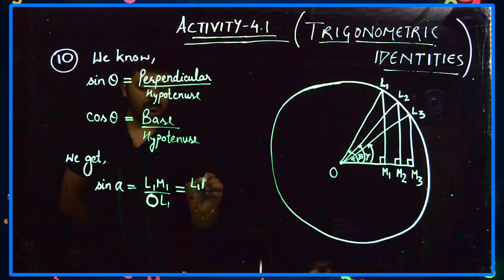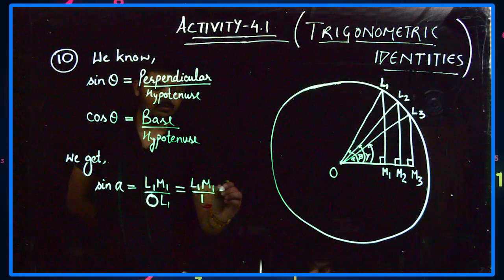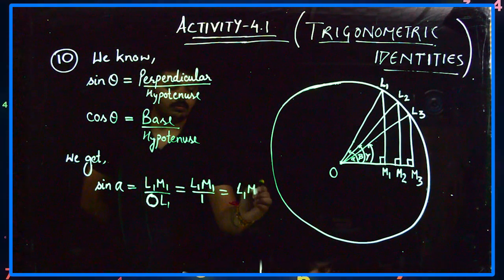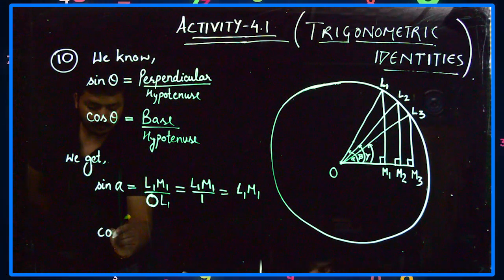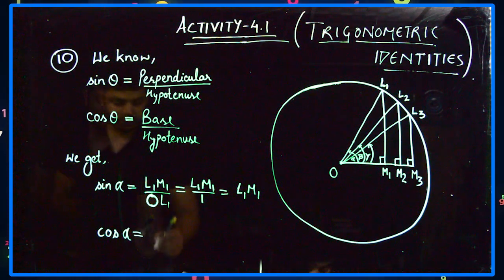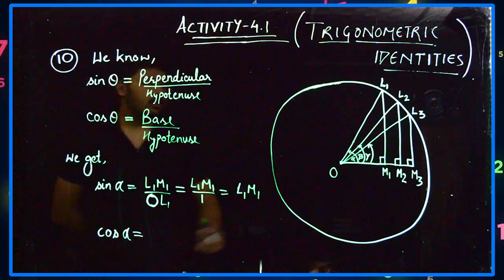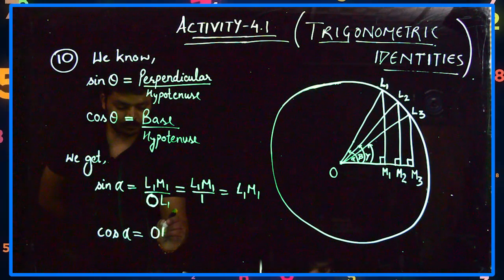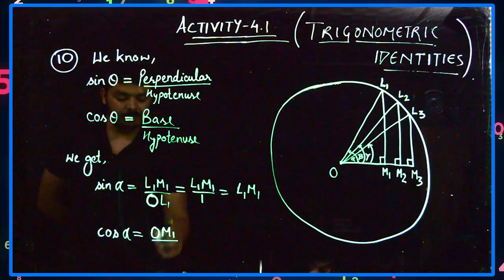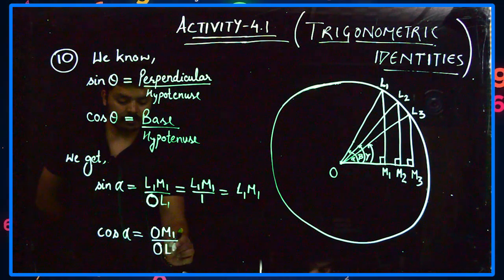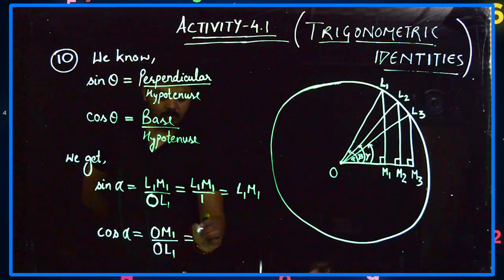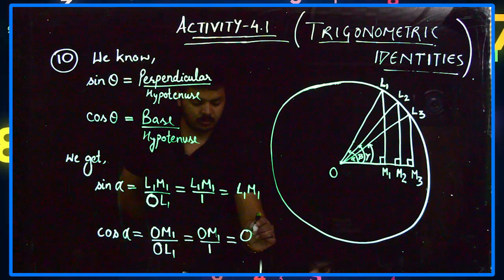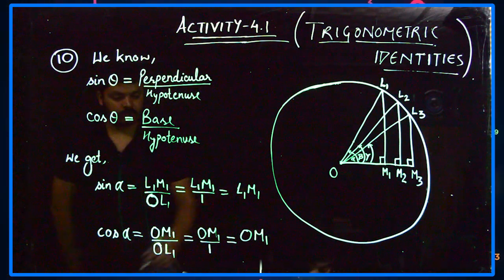So L1 M1 upon 1 equals L1 M1. And cos alpha is equal to base upon hypotenuse, so base OM1 upon hypotenuse OL1, which is equal to OM1 upon 1. So cos alpha is equal to OM1.